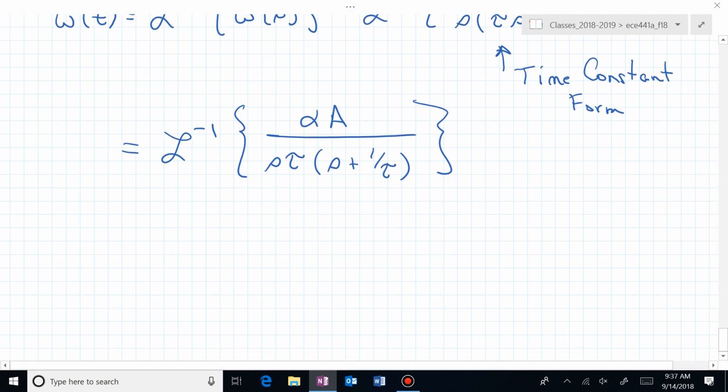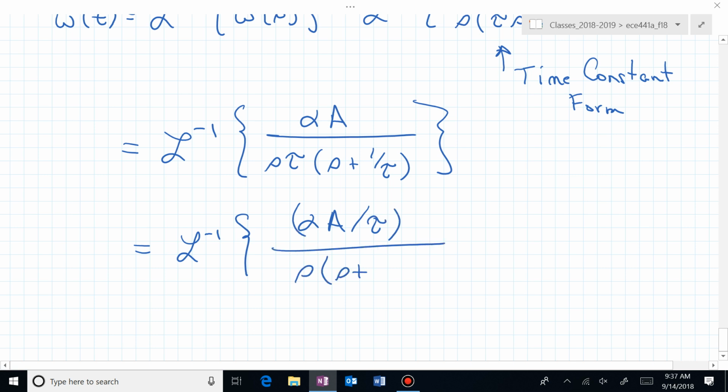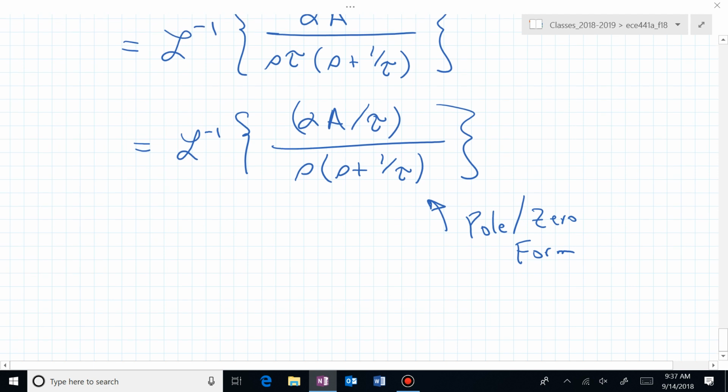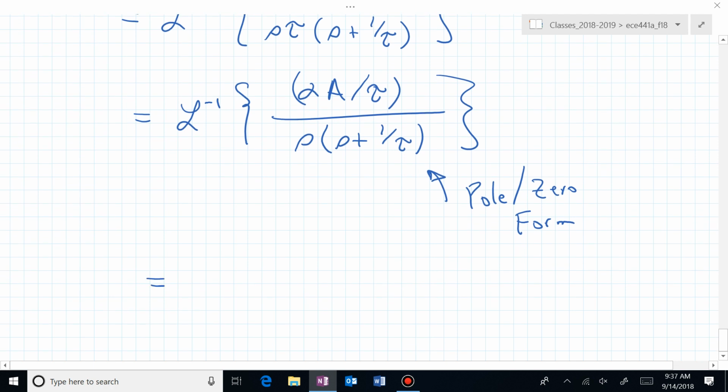And if I pull that constant tau upstairs just to make it a little cleaner, this now is in a more conventional pole zero form of an expression. And now, once we have it in that form, it should be instinctive to write the partial fraction expansion.